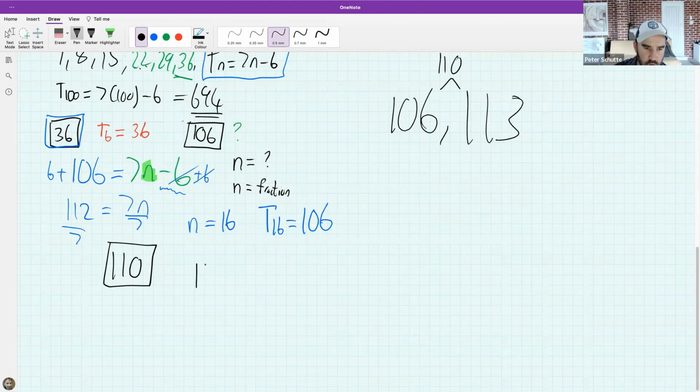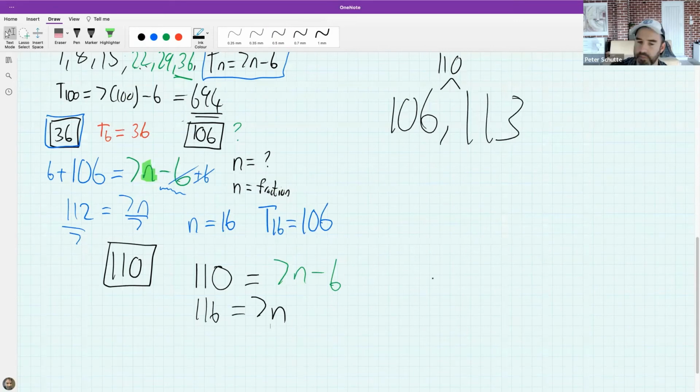And so just to show you how that works, let me take 110. And what am I going to make it equal to? I'm going to make it equal to 7n minus 6. Why am I choosing 7n minus 6? Because that's the formula that I used before, remember? Now I'm going to add 6 to both sides, and I get 116 equals 7n.